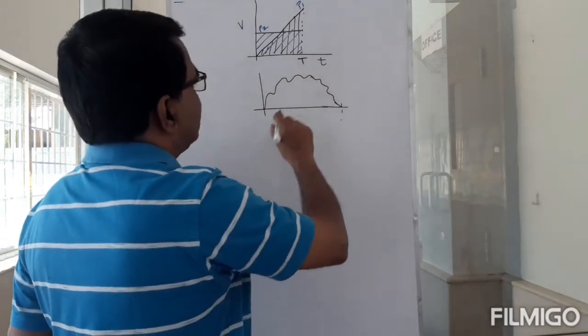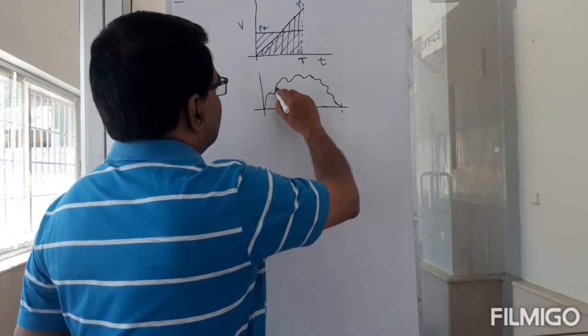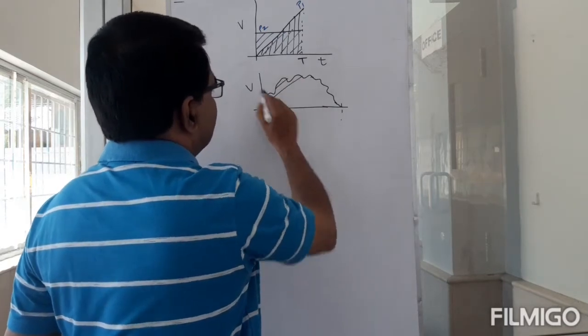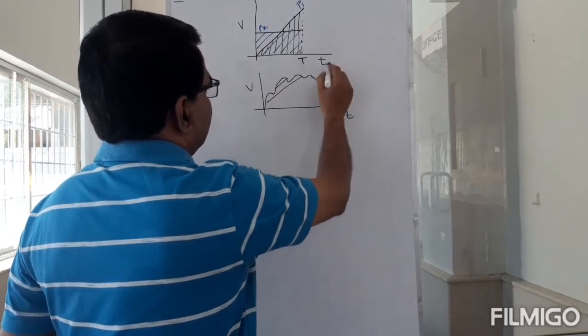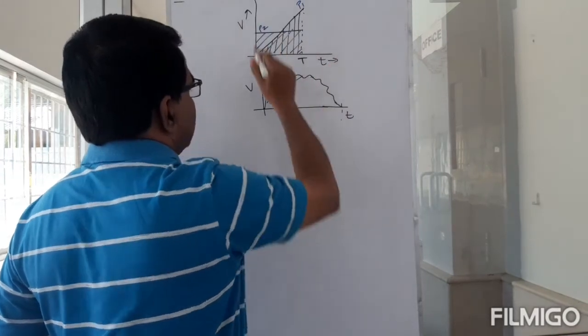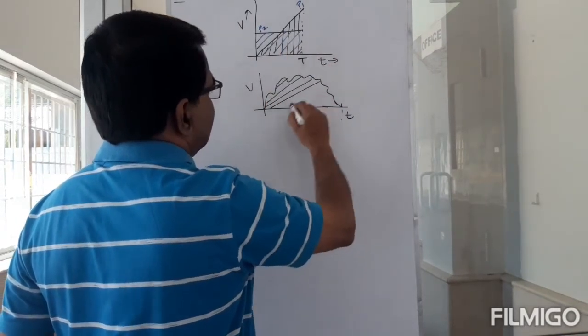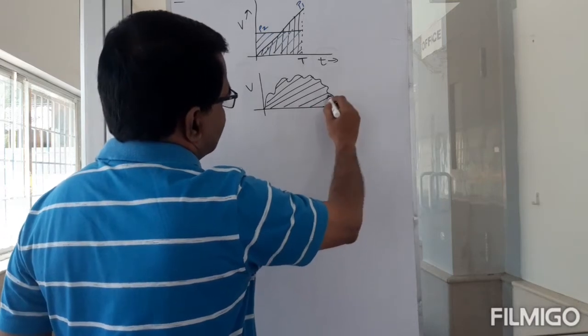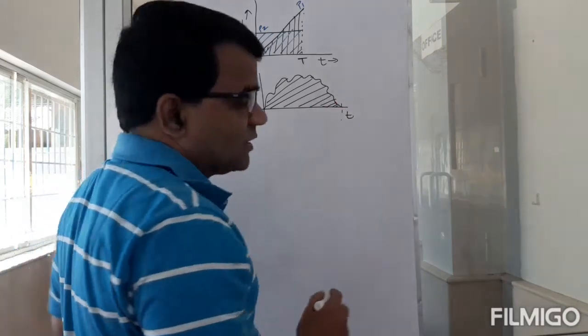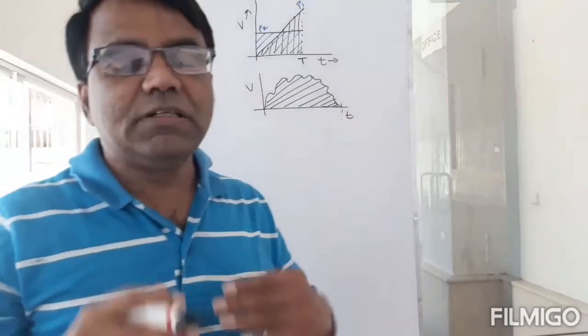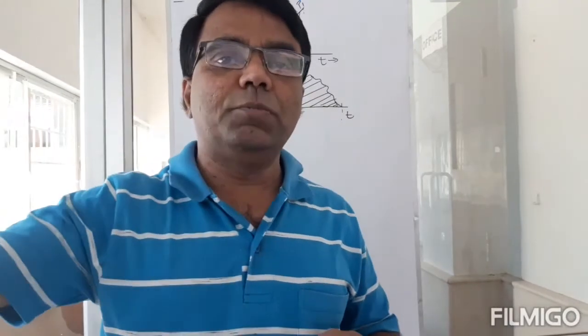Okay. So now this is V and this is T. And if I find the area of this curve, then that also will give me the distance between Gobi and E road.